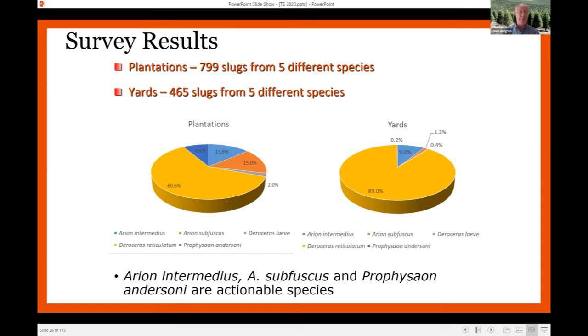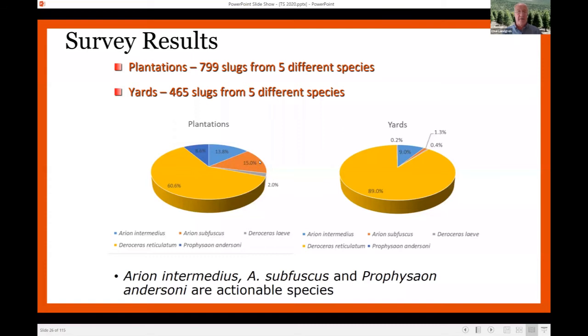The most common slug that we found in both plantations and yards was this Deroceras species right here. It's not one that is restricted in Hawaii or in most of the export areas, but slugs are not easily identified.